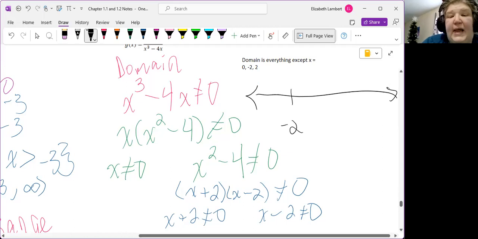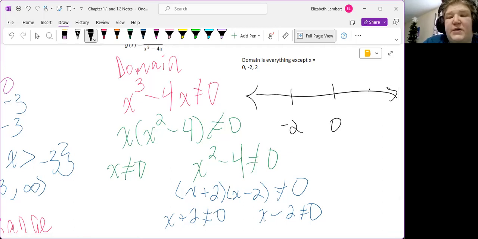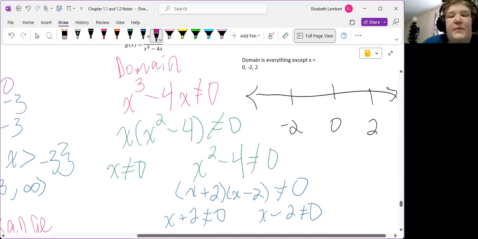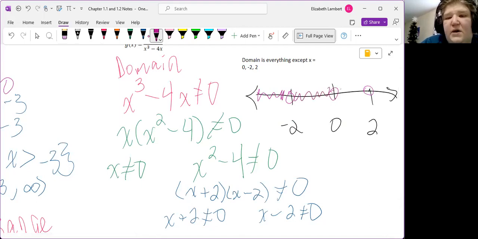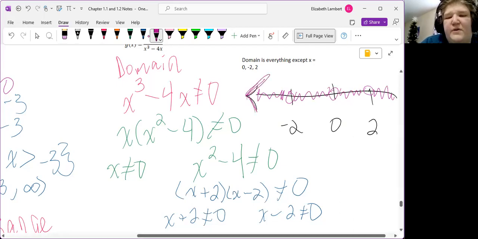So there is our -2, there is our 0, there is our 2. We're saying everything except, so that means open circles there, and then everything here, and here, and here, including both of our infinities.